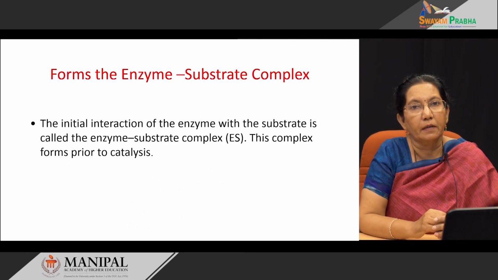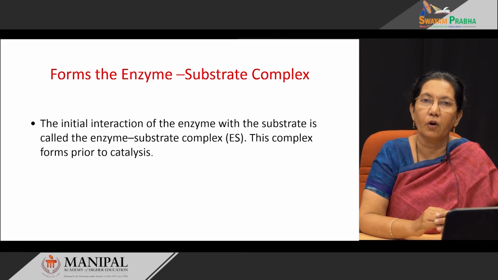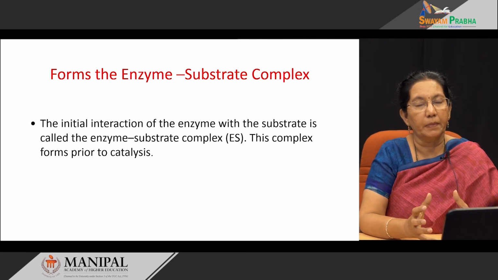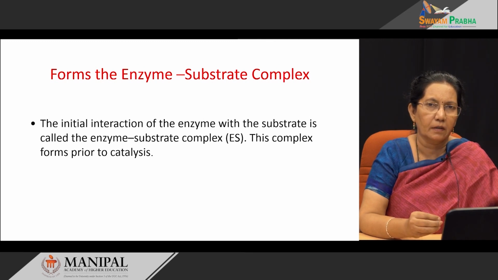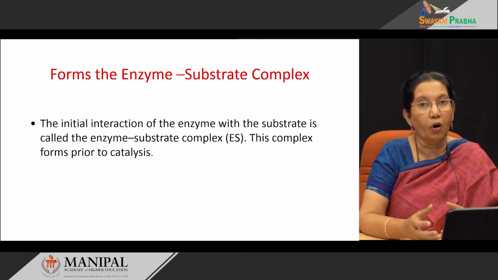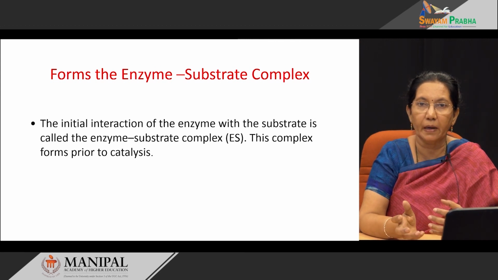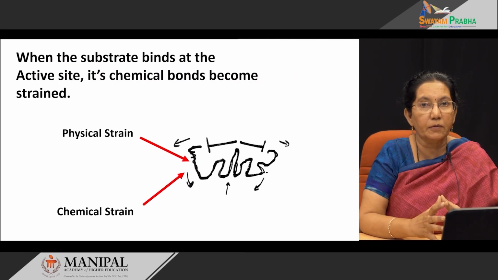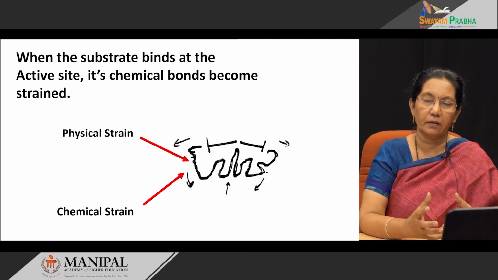When the substrate enters into the active site, the first thing it does is to form the enzyme substrate complex. The enzyme substrate complex at this point in time is a very transient complex, which could dissociate and go back to being just enzyme and substrate, or could move forward along with catalysis to form the enzyme and product. In this conformation of an enzyme substrate complex, several things happen within the active site.